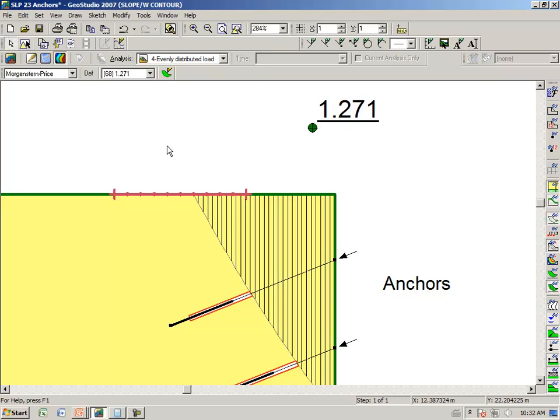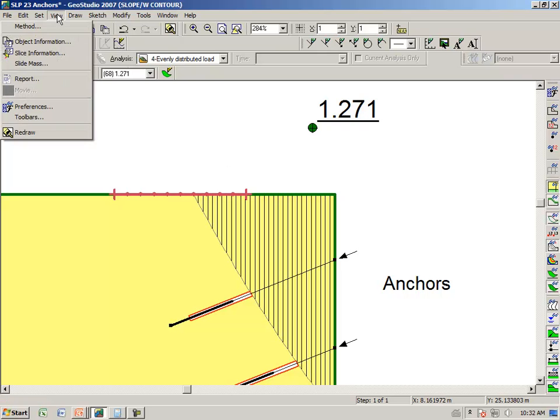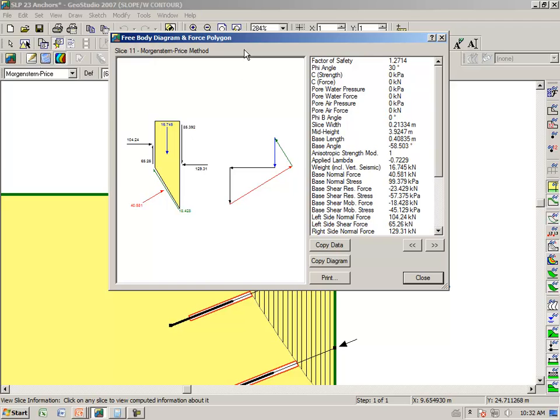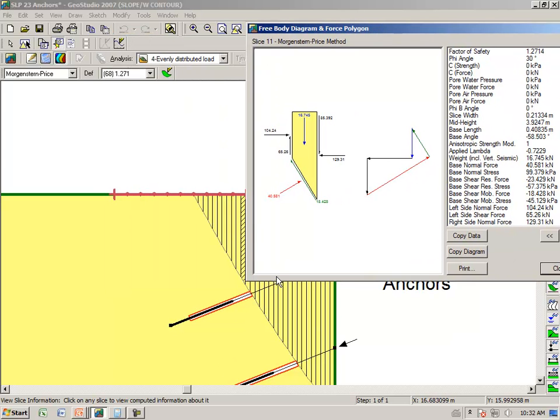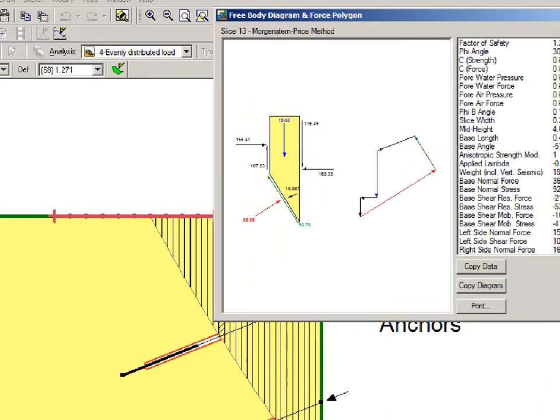Now, one thing I need to draw your attention to, if we go View, Slice Information, and we click on the slice that encounters the anchor, notice now that the force is only 16.66.